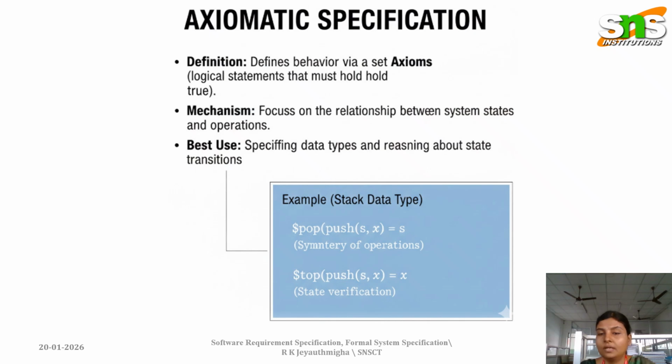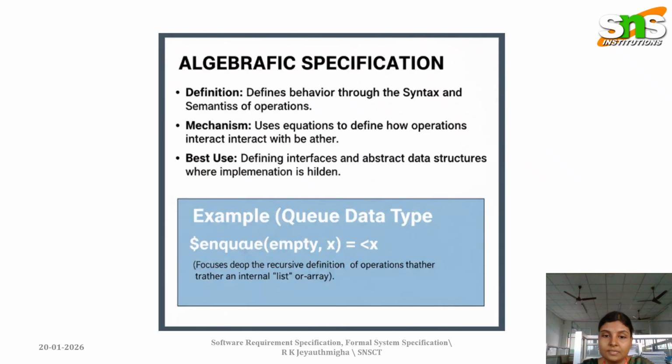Axiomatic specification defines behavior via a set of axioms, logical statements that must hold true. Mechanism: focus on the relationship between system states and operations. The best use is that it specifies data types and reasoning about state transitions.